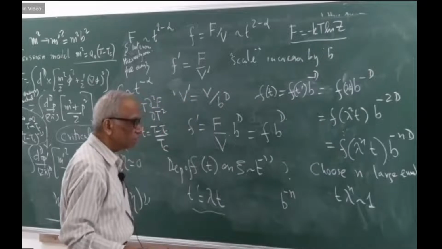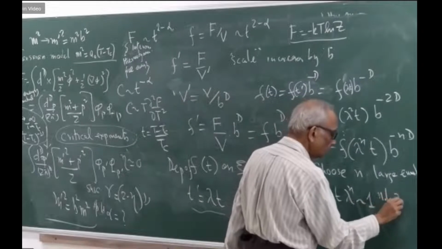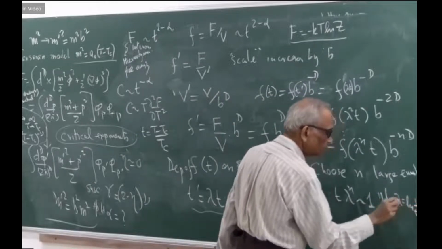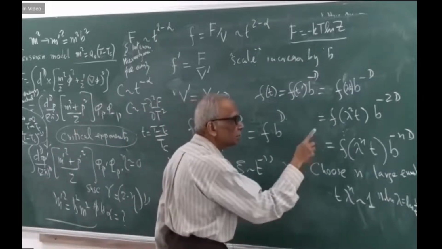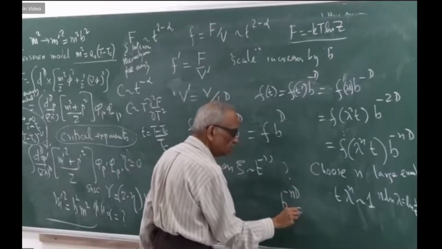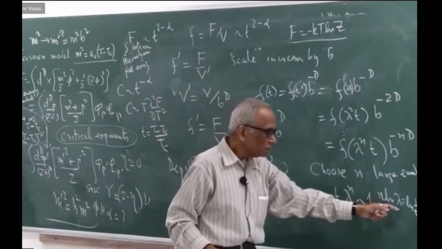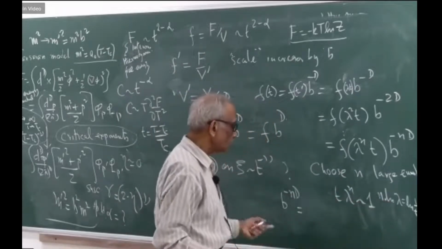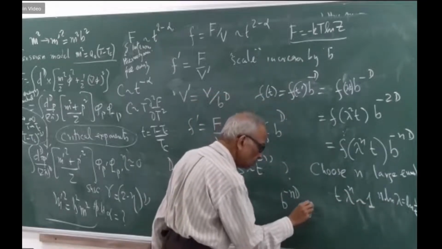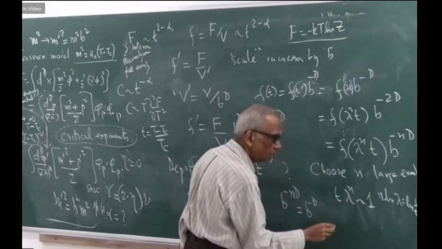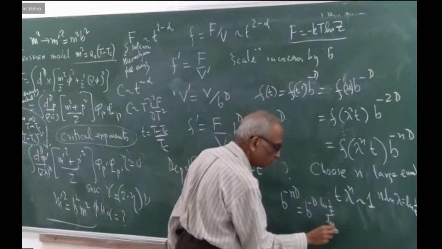That is the thing which is of interest. This tells me that n log lambda is log of 1 over t, so n is equal to log of 1 over t by log of lambda. So b to the power minus nd is b to the power minus d times n, where n is log of 1 over t by log of lambda.